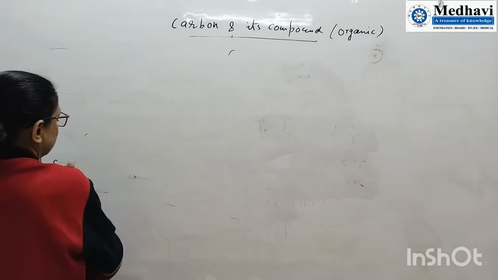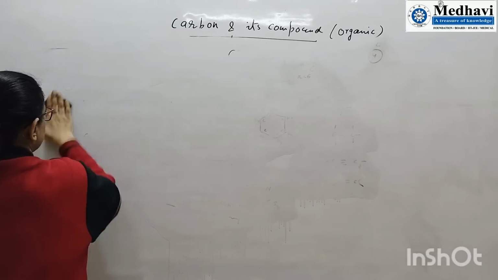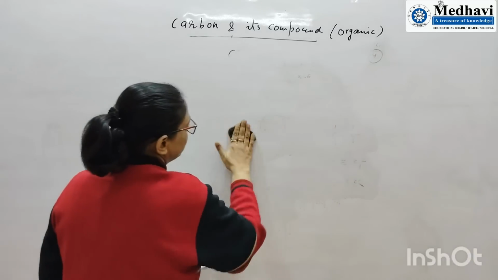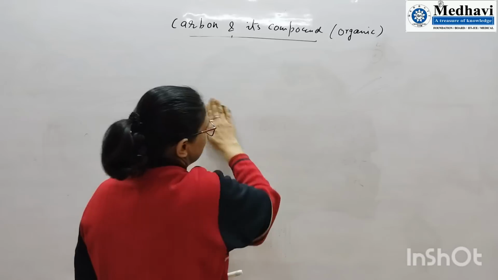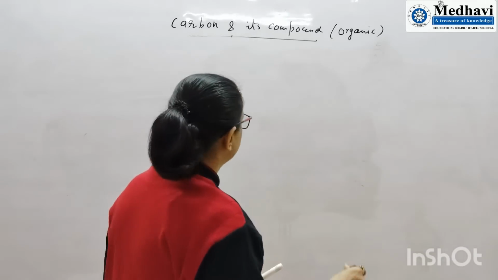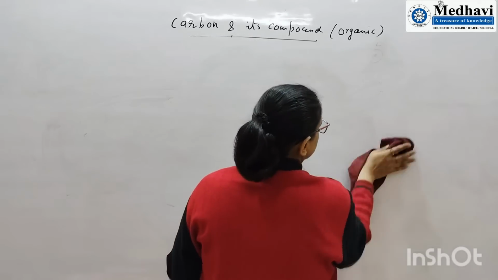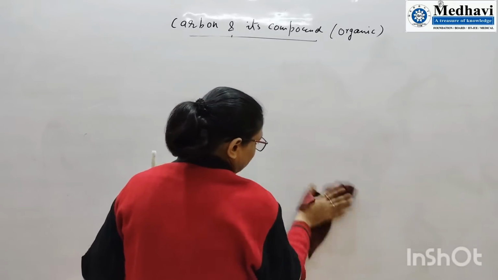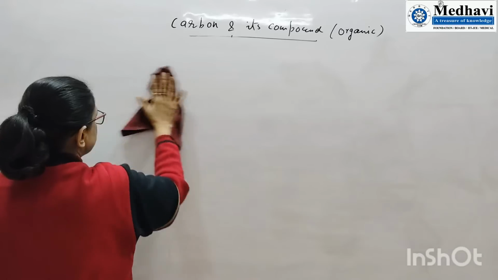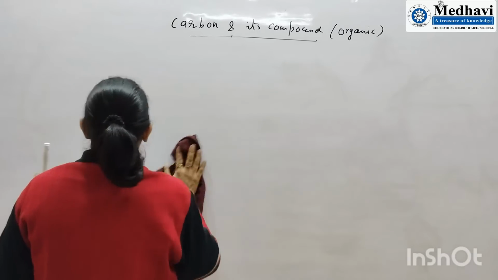It can join with other carbon, it can make single bond, double bond, triple bond. So all the different types of bond formation take place, and this peculiar property of carbon is due to its small size. That's why we can say the versatile nature of carbon makes it special and unique.